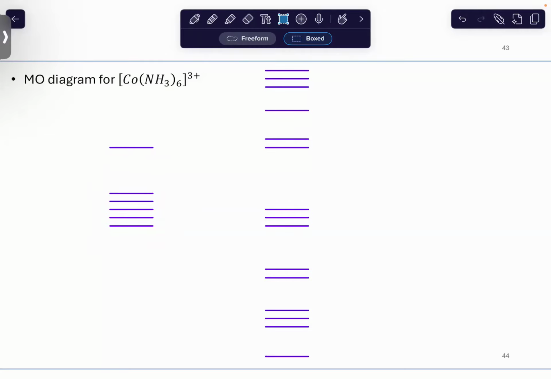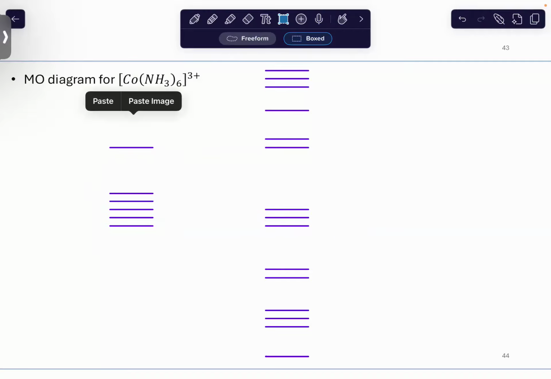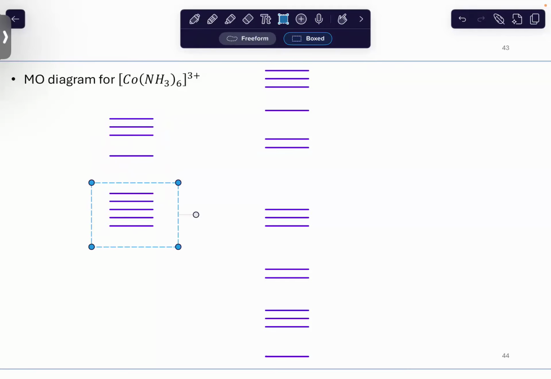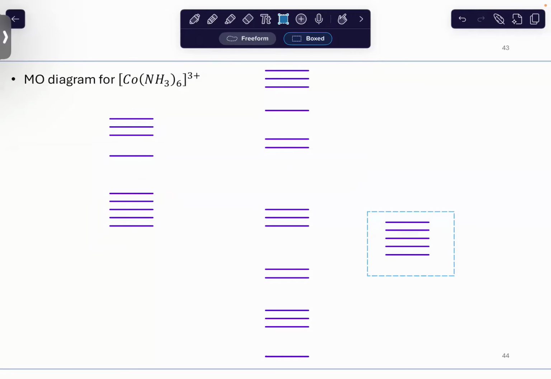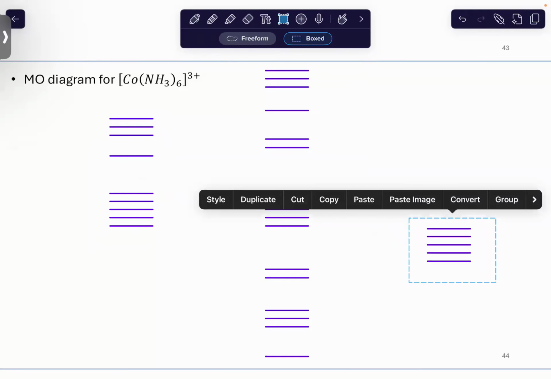Kind of get that one there. Okay, and I need another 5 over, kind of like splitting those two levels there.